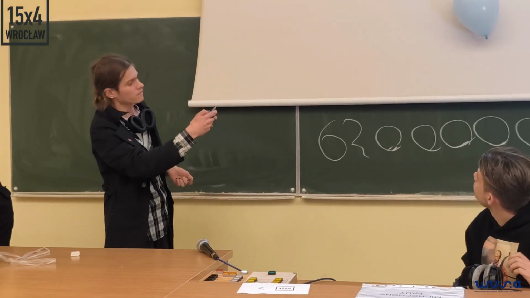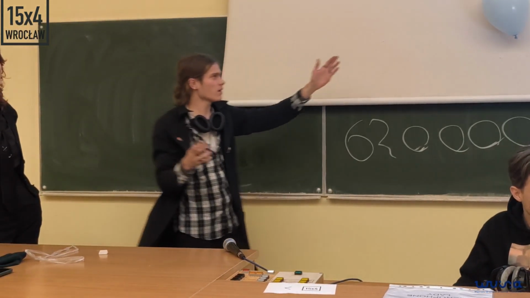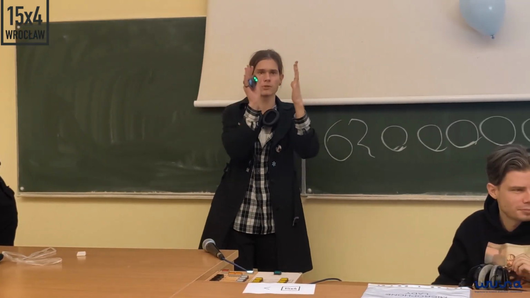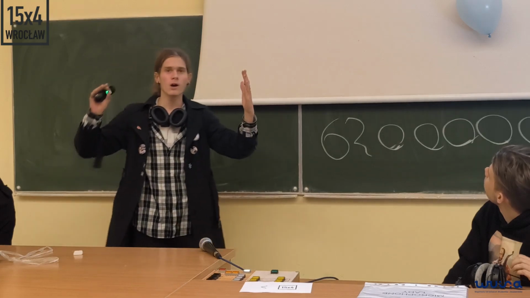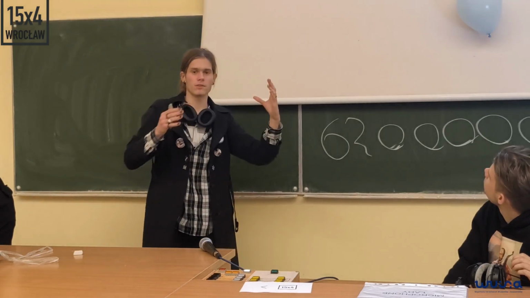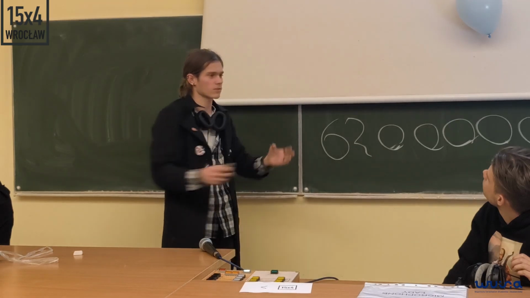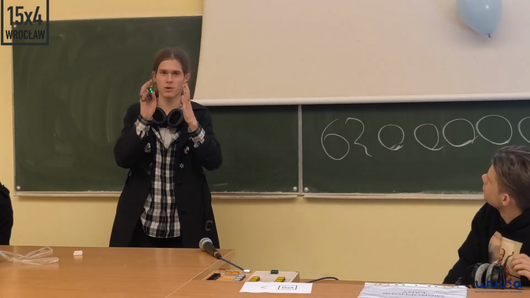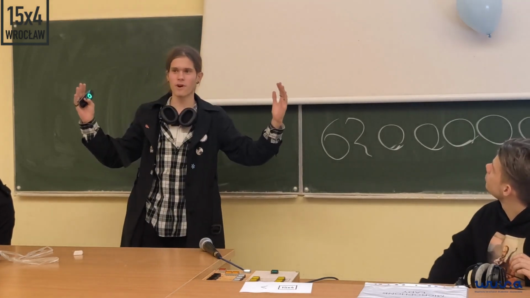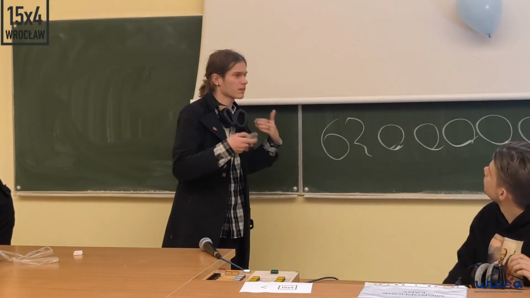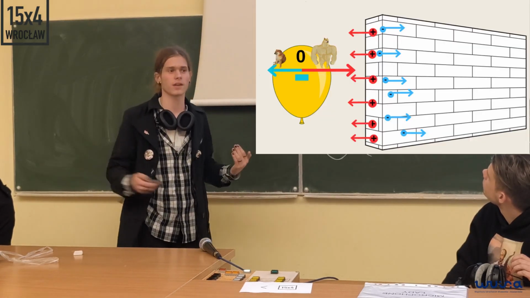So for now, you have protons attracting this ball, but you also have electrons in this wall which repel your balloon. So you have a negative balloon, and the protons inside this wall want to get closer, and the electrons want to get farther away. And because those two forces cancel each other out, nothing happens.